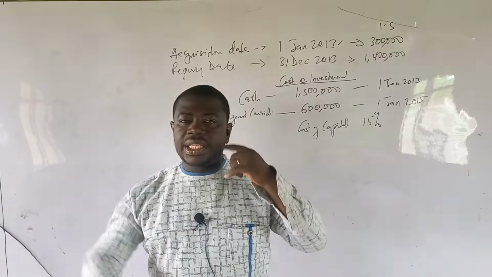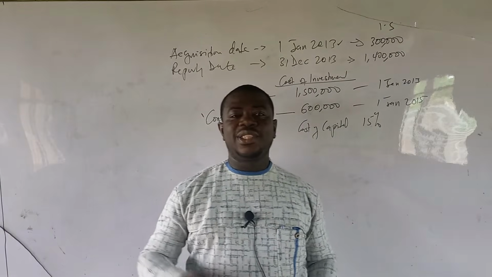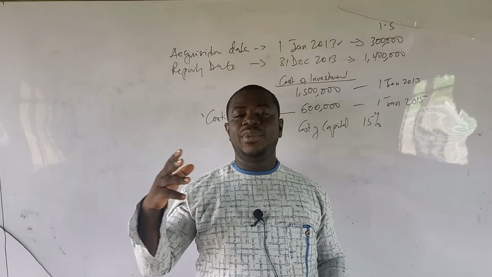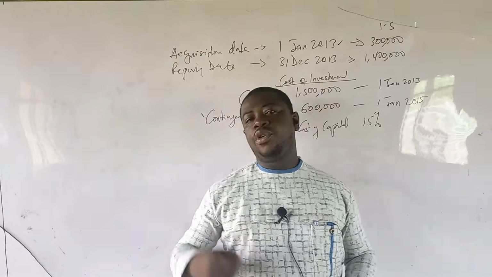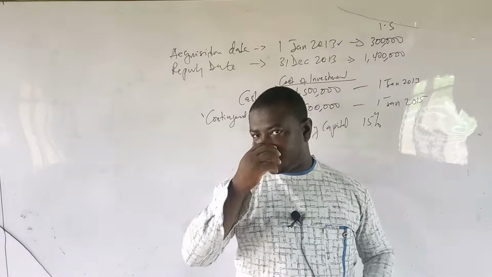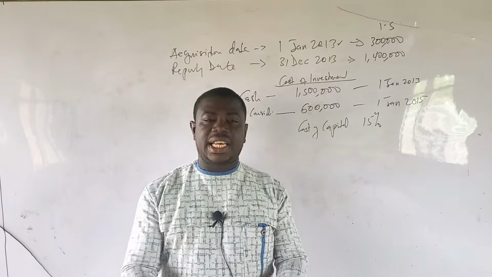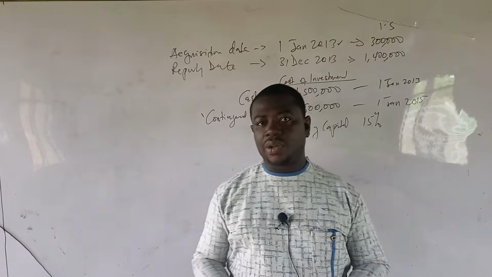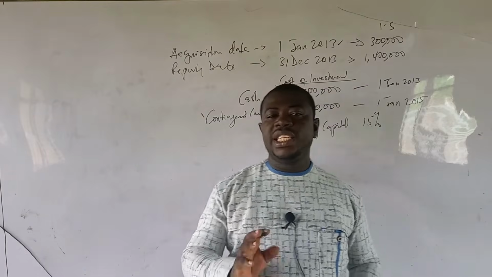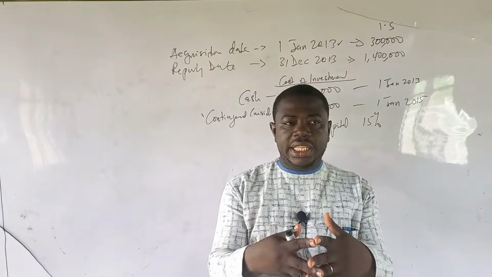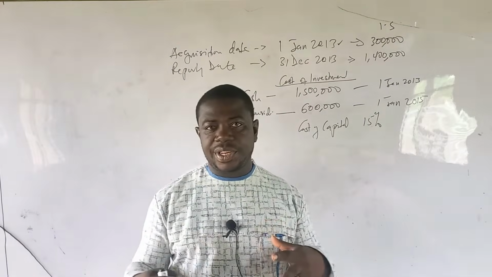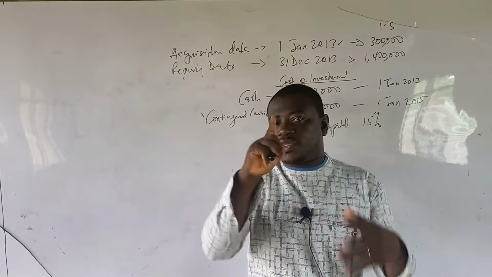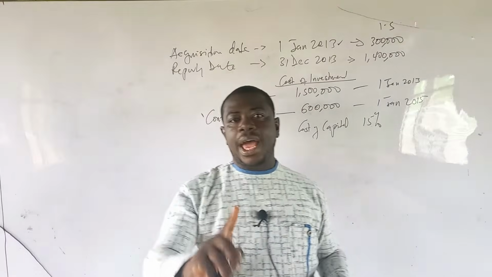Now, this aspect that you see here is supposed to be for intra-group adjustments, which I will treat after this video. But once it has appeared in this very question, we need to talk about it. What we normally say is that when we are consolidating the financial statement, the two different entities, the parent and the subsidiary, is supposed to be seen as one entity, a group.